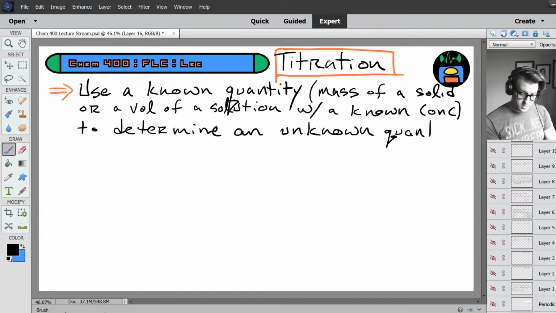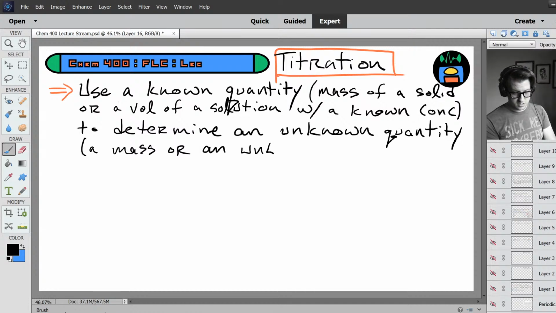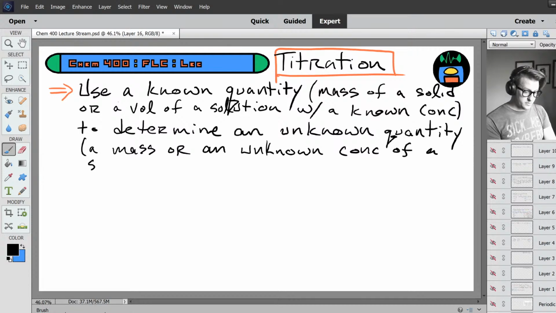And here, your unknown quantity could totally be a mass, or you could use this to determine an unknown concentration of a second solution.